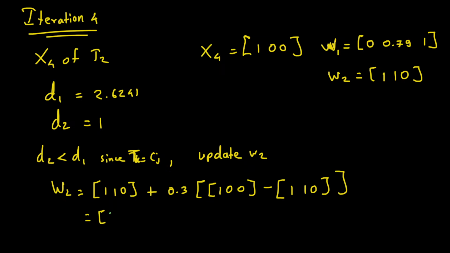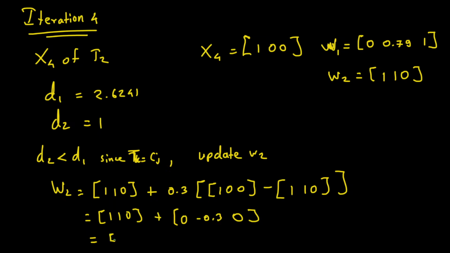This one remains the same, 110 here, and then plus 1 minus 1, which is 0, 0 minus 1 minus 1, and then 0. So we're going to have a minus 1 in the middle, and multiply by 0.3, which is going to be 0, negative 0.3, 0.